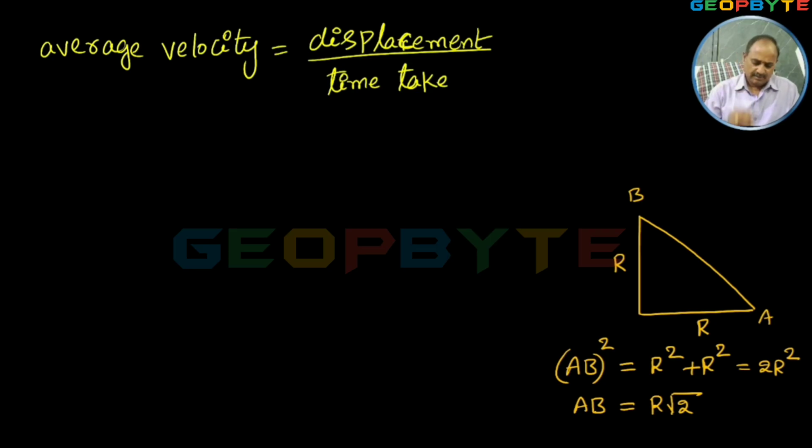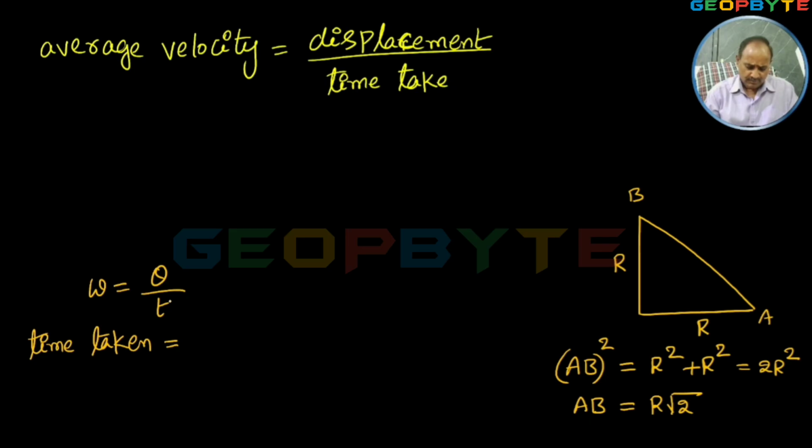Now let us decide the time taken. As you know, angular velocity omega equals angular displacement divided by the time taken. From this, time taken equals angular displacement divided by angular velocity. Here angular displacement is 90 degrees, that is equal to pi by 2.